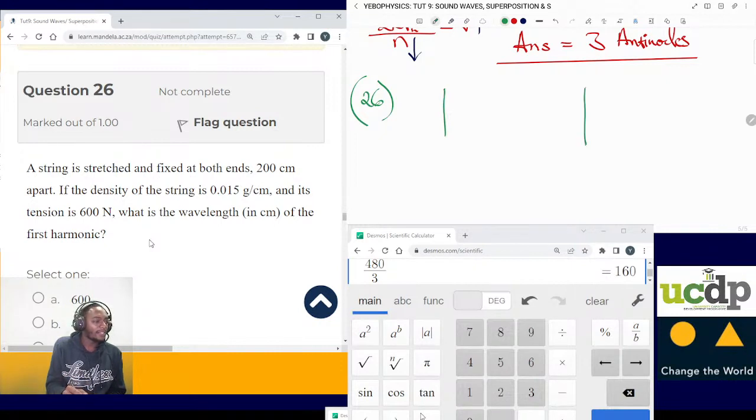And if the density is that, and the wavelength is for the first harmonic, the length of the string never changes, right?